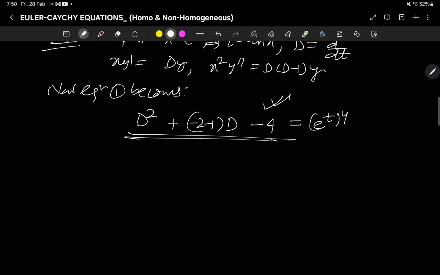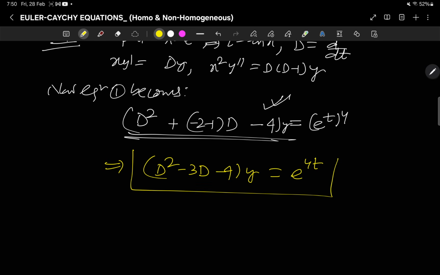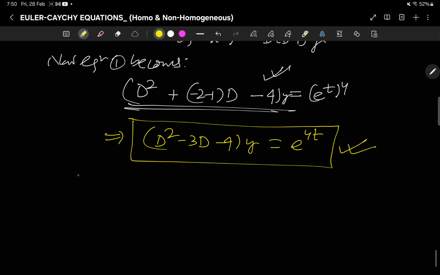So this implies D square minus 3D minus 4 y is equal to e to the power 4t. This is a non-homogeneous equation. Now what is my homogeneous solution? It is for constant coefficients.